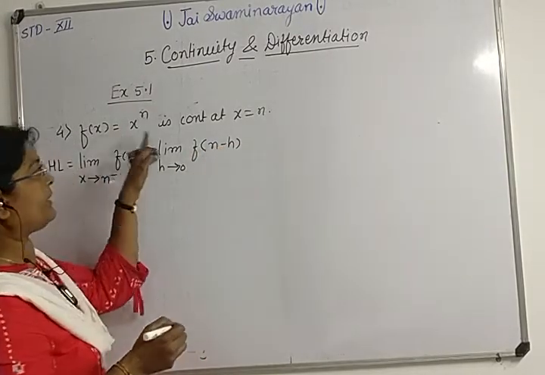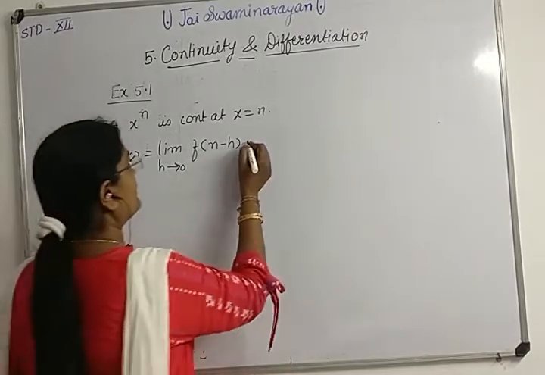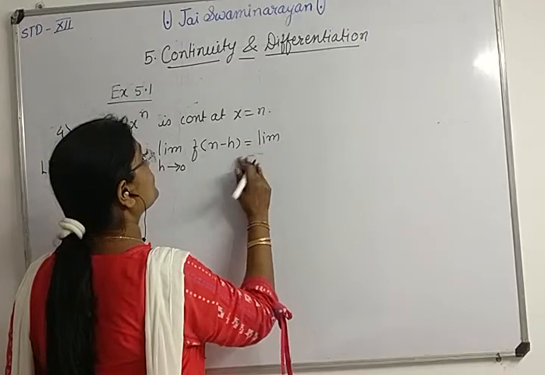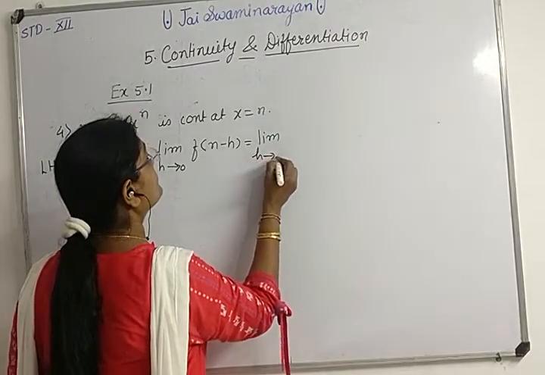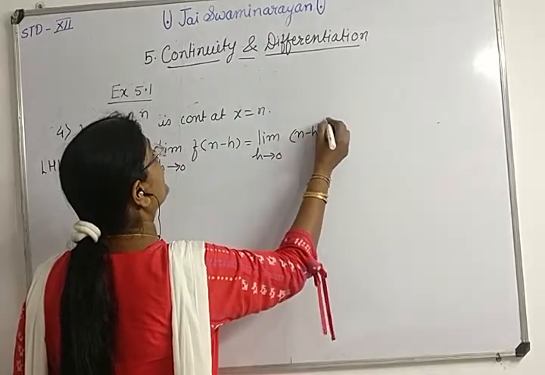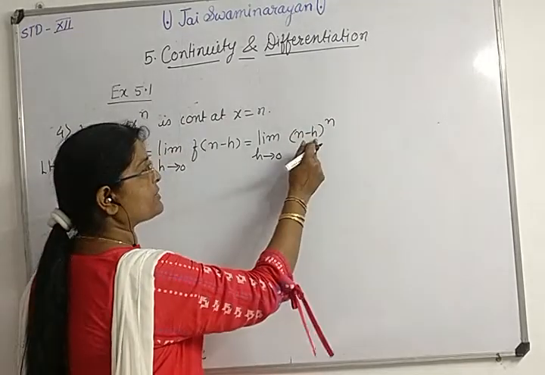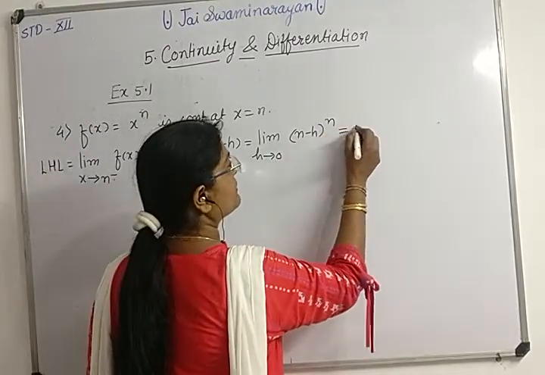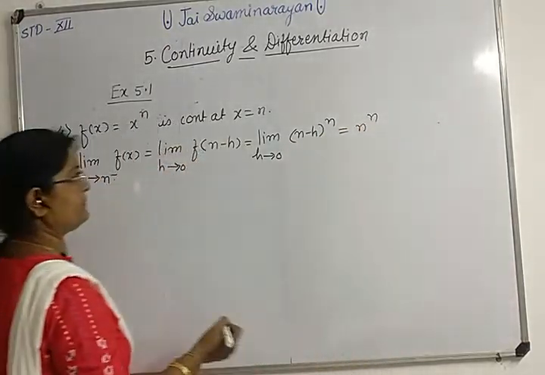Instead of x we will write n minus h. This equals limit as h tends to 0 of bracket n minus h to the power n. The value of h is 0, so n minus 0 means n raised to power n. Its answer will be n to the power n.